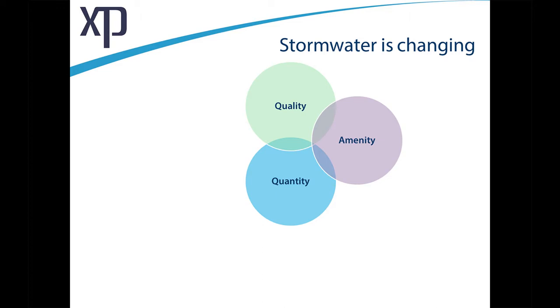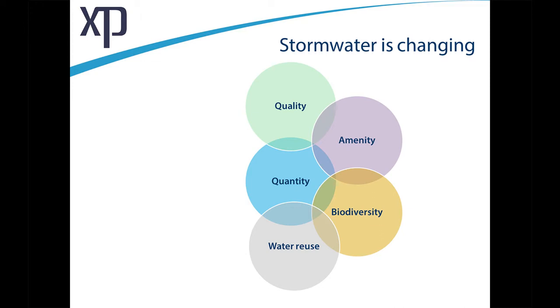We ideally want the stormwater to contribute to maintaining and even increasing biodiversity. And we also want to encourage water reuse. So this might be via irrigation of urban green spaces or domestic and industrial rainwater harvesting tanks, but these are now becoming part of the stormwater solution rather than something separate.